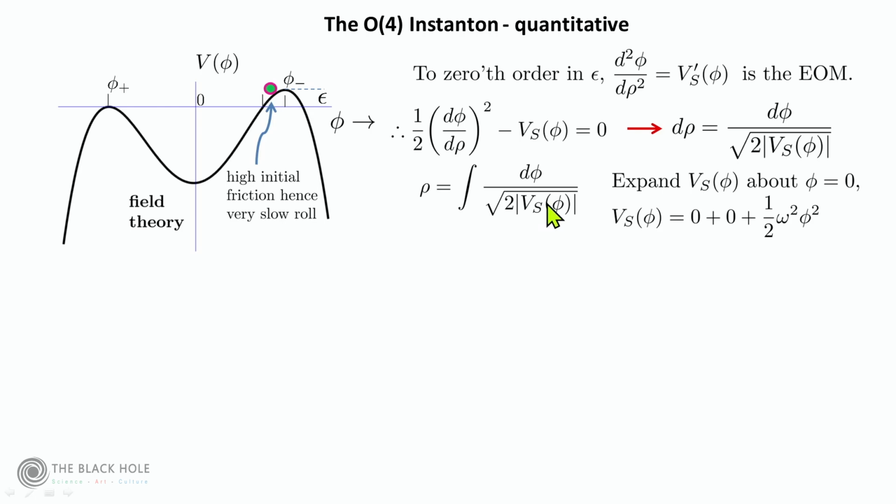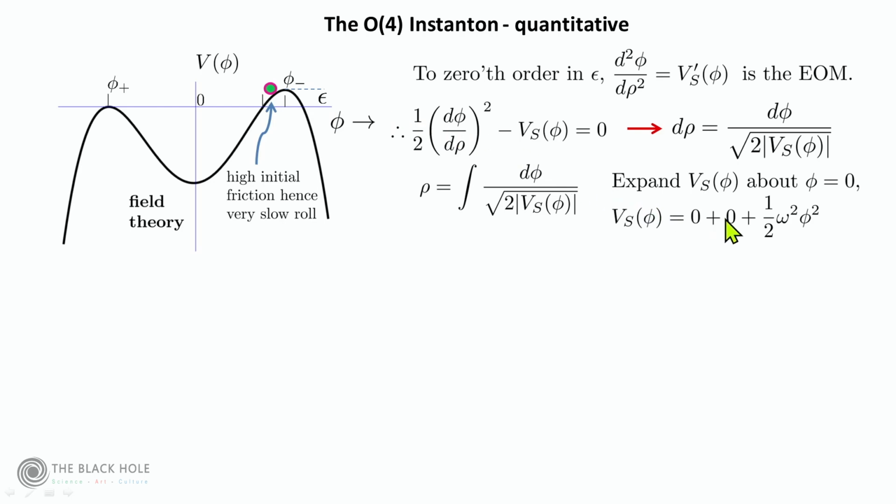At this point, you can say, I'm going to expand V about phi equals 0. Well, we know that V, the symmetric part, its value has been chosen to be 0. So you see, just like here, the phi is 0, and here the phi is 0.